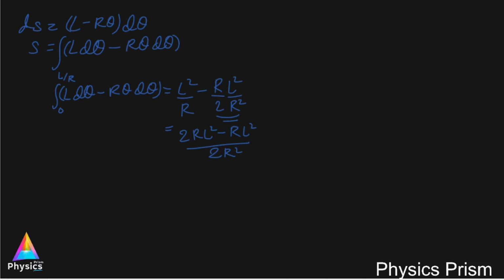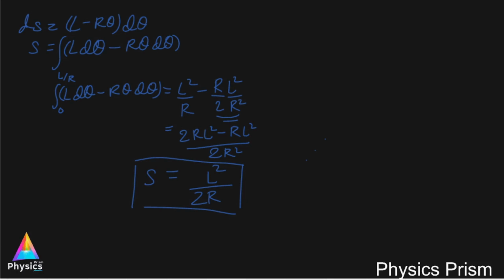What is it? This is just simple algebra. We get R L squared over 2R squared. One R cancels another, and so you can write it L squared over 2R. So that's it. That's our s.